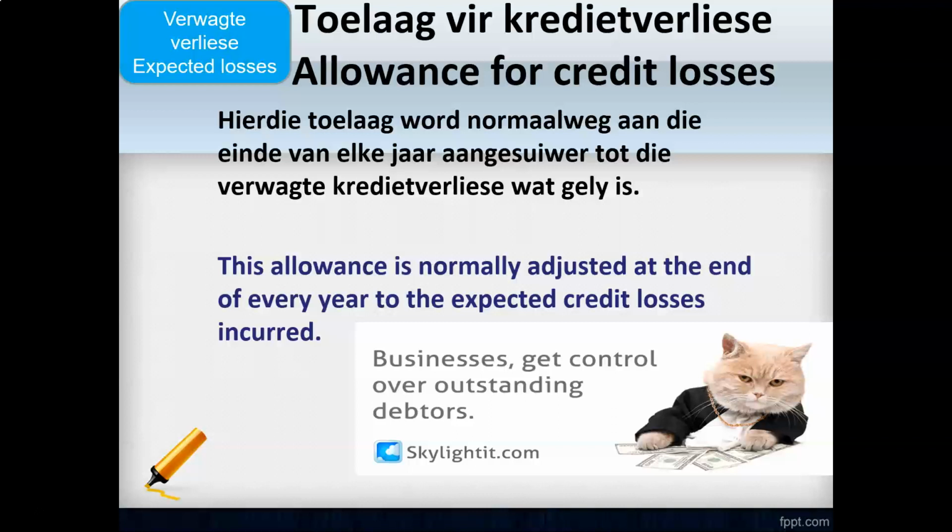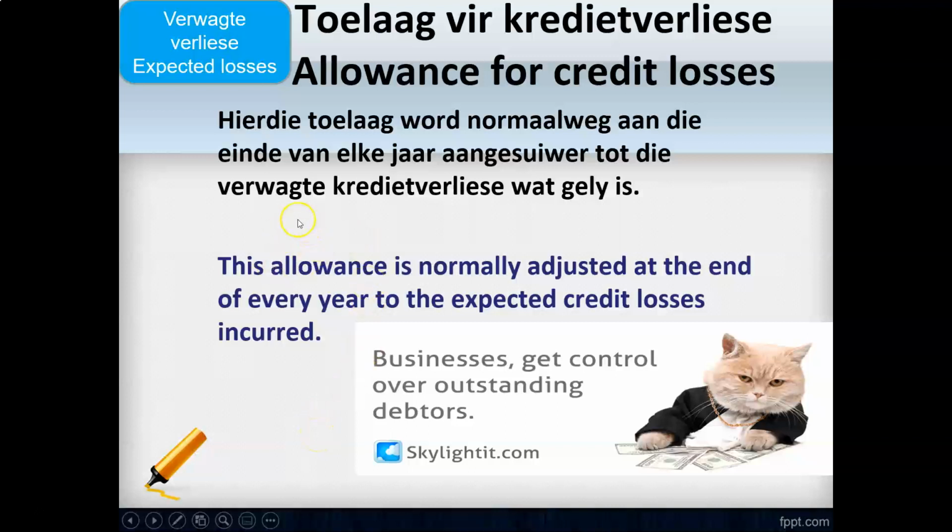What if the allowance now works out less than last year's balance? So last year I had 1,000 Rand allowance for credit losses. Now I worked out everything and now I only need 800 Rand. So then I need a debit on my allowance account, and then I will credit either the credit losses account, which is then a credit against an expense account, or I'm going to credit my adjustment for allowance for credit losses account with that 200 Rand difference between the 1,000 and the 800, which I want at the end of the year.